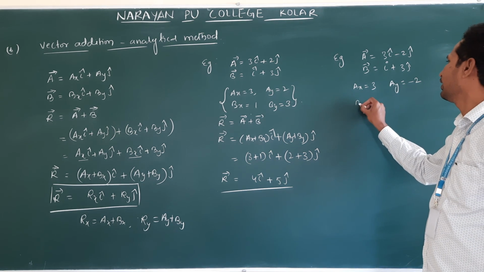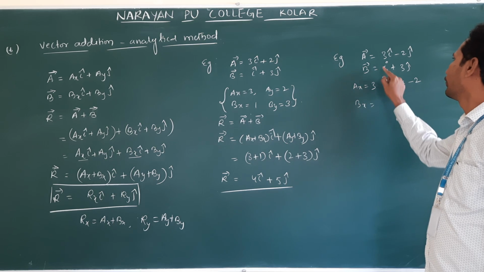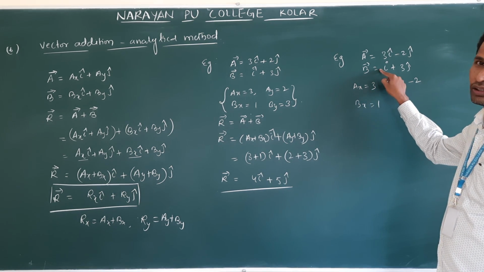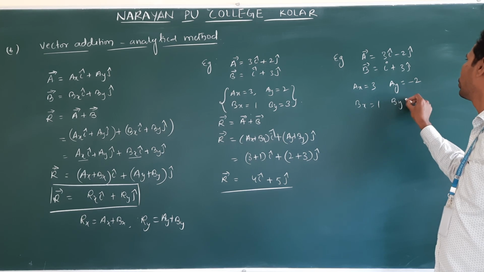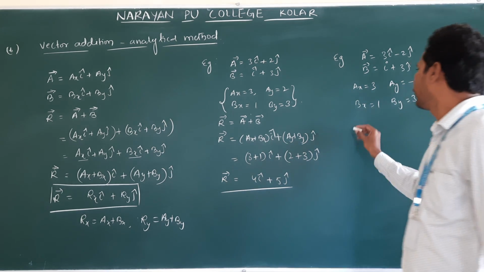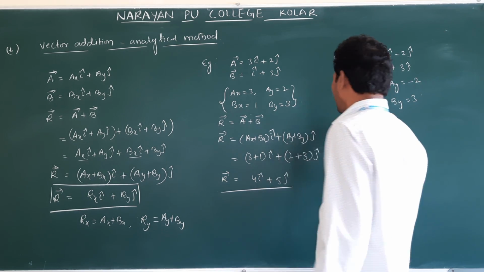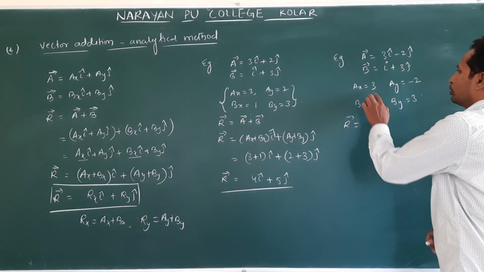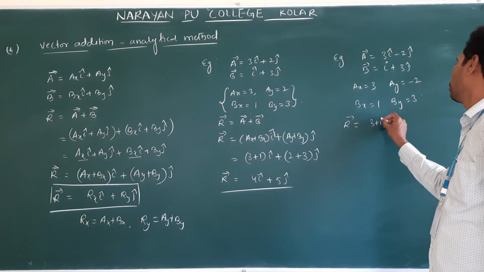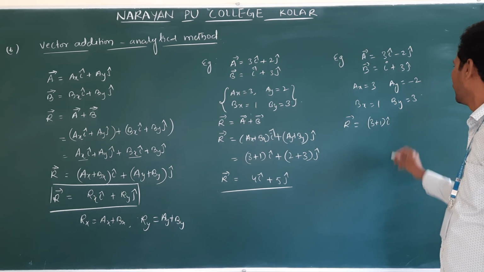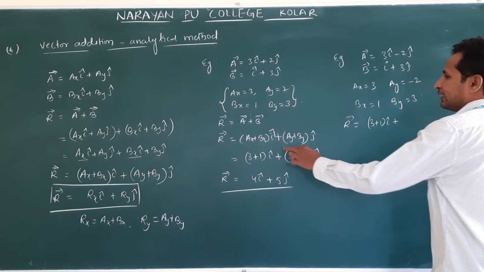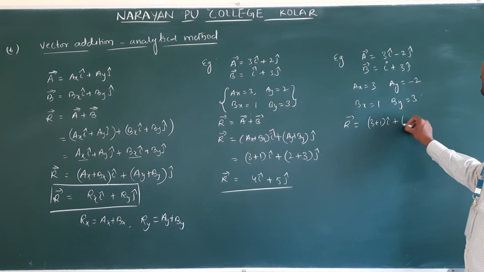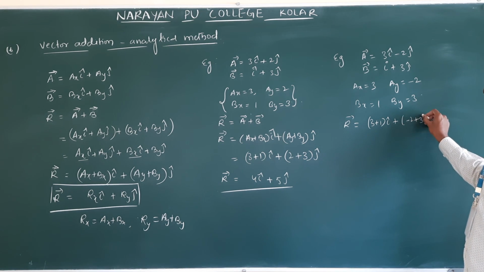Next, Bx. What is the component here? 1. For I component it is 1. By is equal to what? 3. Then finally, if we follow this formula, Ax plus Bx i cap, so 3 plus 1 i cap, plus what is there? Ay plus By. Ay is minus 2, By is 3.